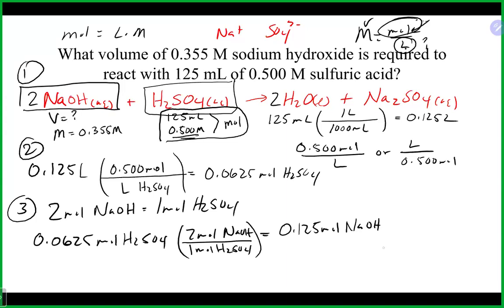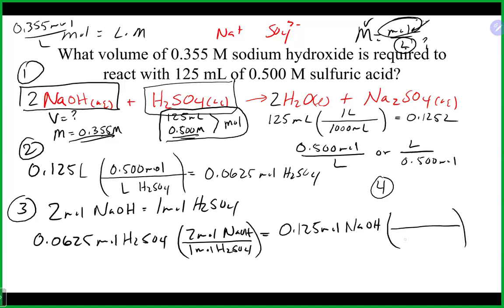At this point, that is the missing piece that we needed to find our volume of sodium hydroxide. So we could do our fourth step here, which is we will use the molarity of the sodium hydroxide now. And again, just like before, we can convert that into 0.355 moles per liter. And again, we could flip it if we needed to. And in this particular case, we do need to flip it.